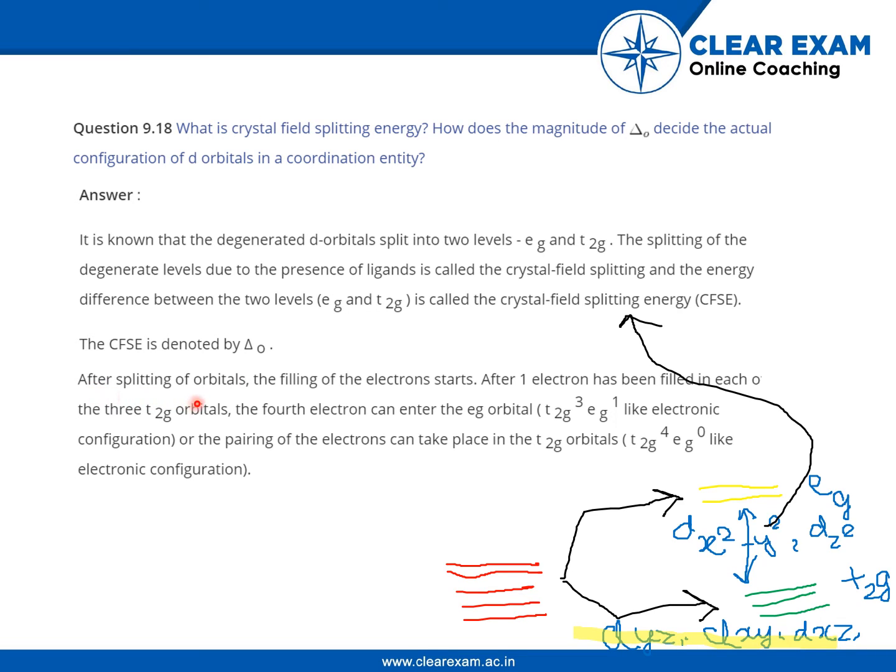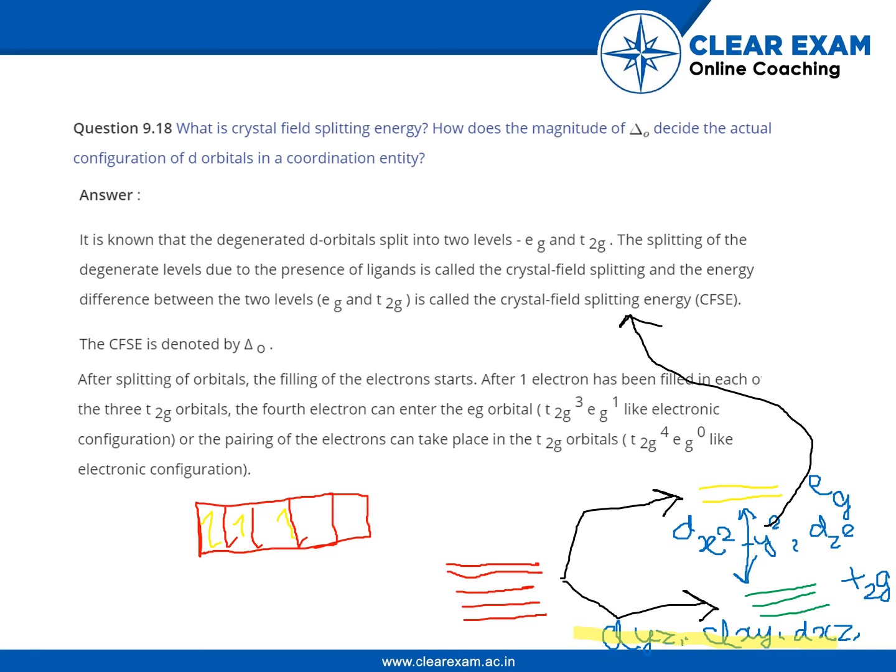So after splitting of orbitals, the filling of electrons starts after one electron has been filled in each of the three T2g orbitals. Let me consider this as a d orbital. Suppose there are three electrons. Firstly, we will fill three electrons like this.